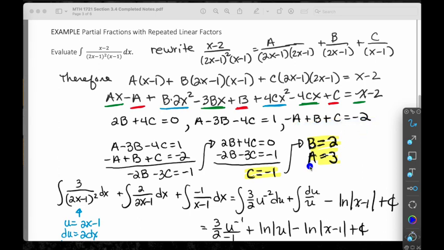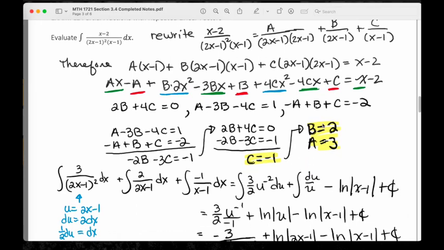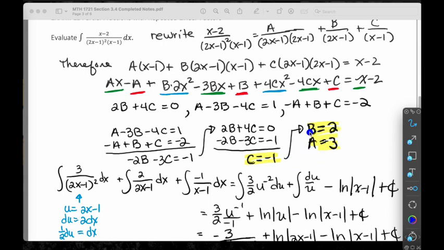So I use systems of equations to solve for a, b, and c. So I get that a is 3, b is 2, and c is negative 1. So I go ahead and substitute those in for a, b, and c right here.